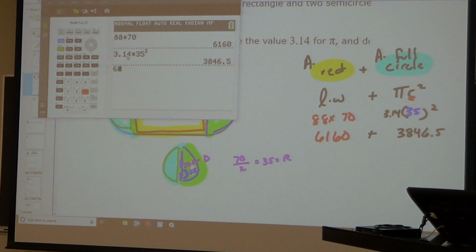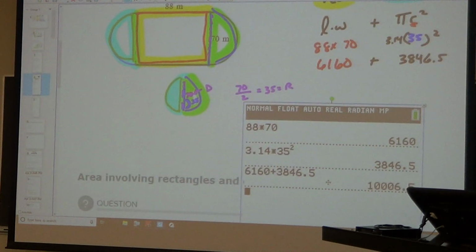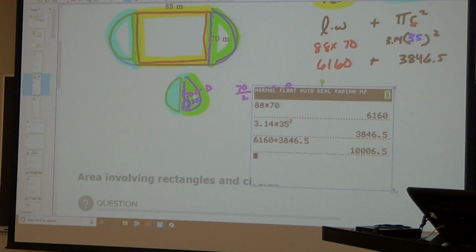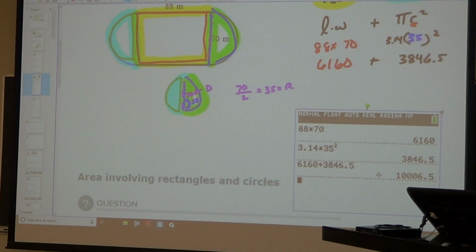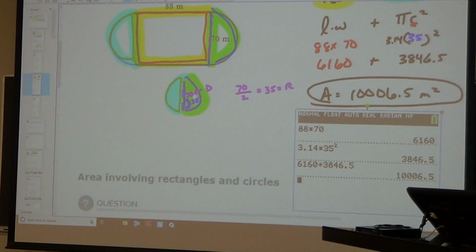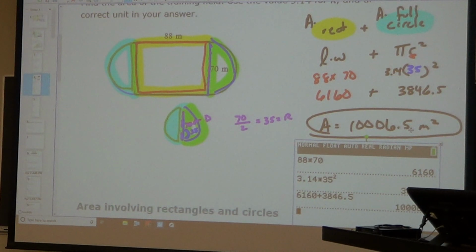So it's 6160 plus 3846.5. There's my final answer. 10006.5, and it's gonna be meters squared because I'm finding area. Yay?